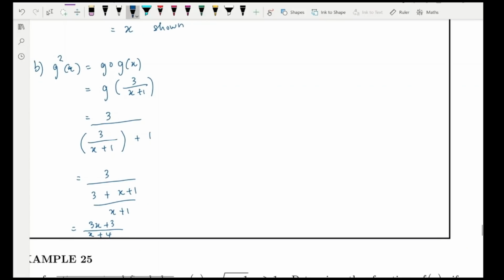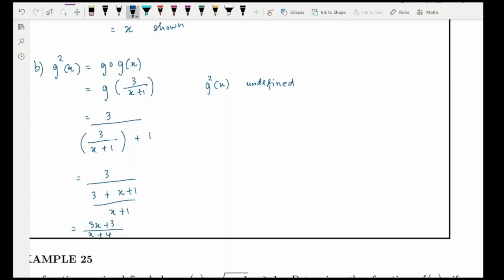And then the question given then, find the value of x when g squared is undefined. So how to find when g squared x is undefined? We noted that g squared x is a rational function.